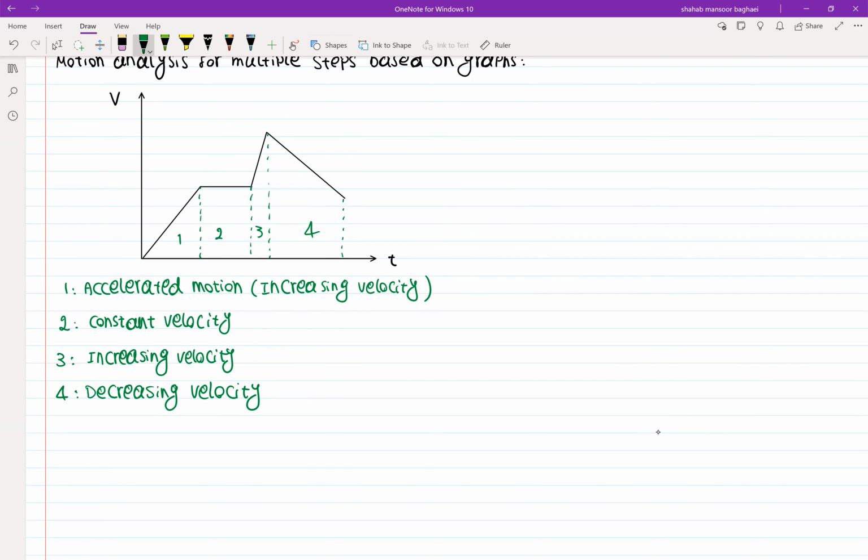The maximum or the highest acceleration for this moving particle is step number 3. Why is it step number 3? Because step number 3 has maximum slope or highest slope. I mean this. It has the highest slope with respect to others.